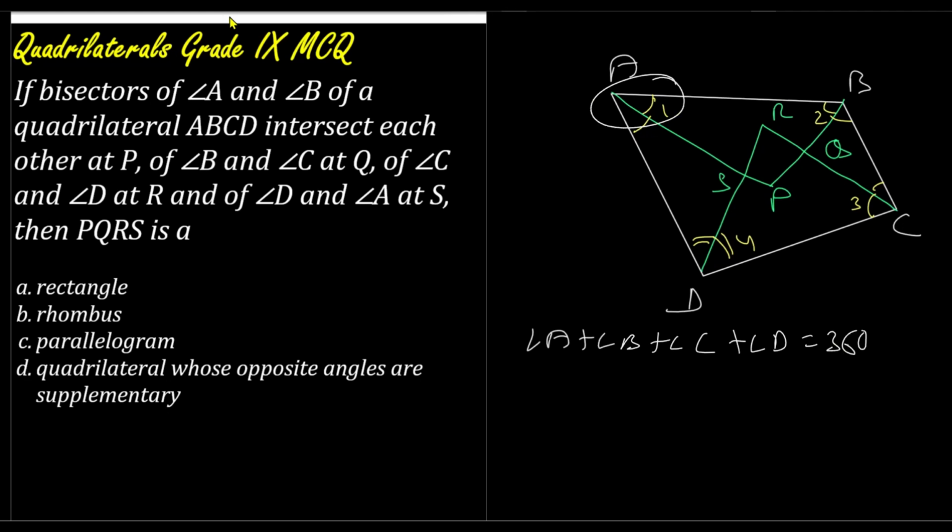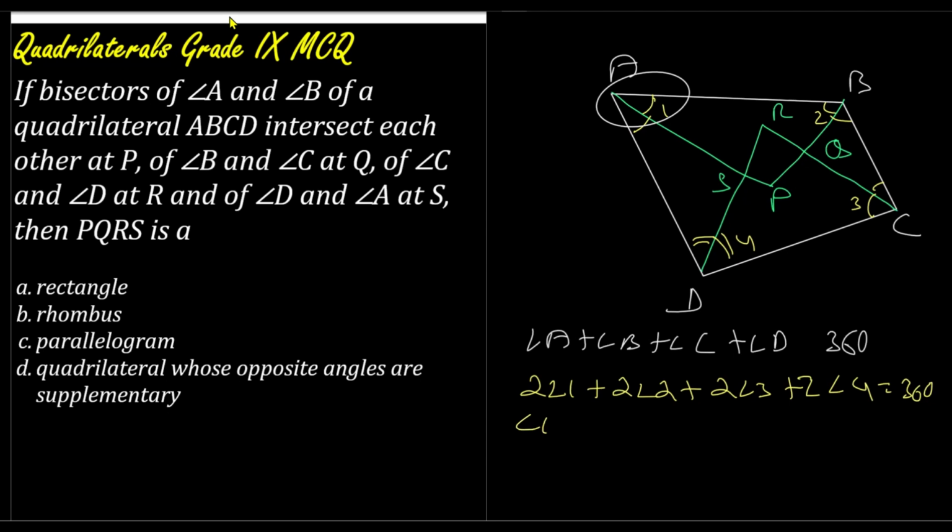I can replace angle A with twice of angle 1, and this is because we are given that these are bisectors. So angle A can be replaced with twice angle 1, angle B with twice angle 2, angle C with twice angle 3, and angle D with twice angle 4, is equal to 360 degrees. On taking 2 common, what do we get? Angle 1 plus angle 2 plus angle 3 plus angle 4 should be 360 divided by 2, that is 180.